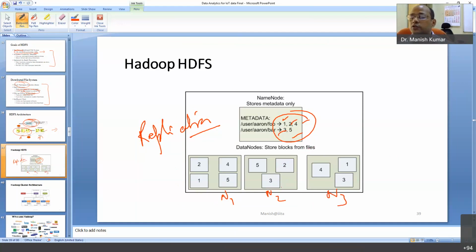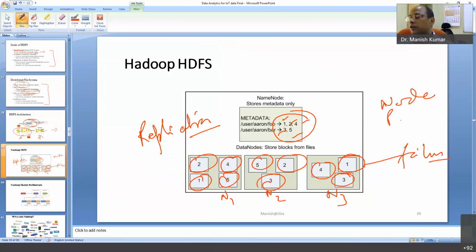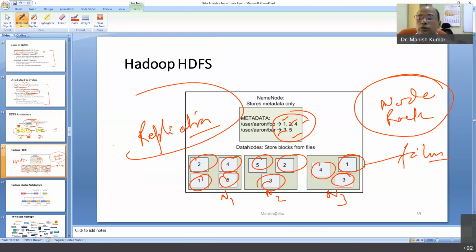Then this way I can distribute the data. So I'm putting this 4 here, this 3 here, this 3. You can find that these are replicated. So each data block is replicated just to handle failure. It may be a node failure or a rack failure. So this is very important for that.